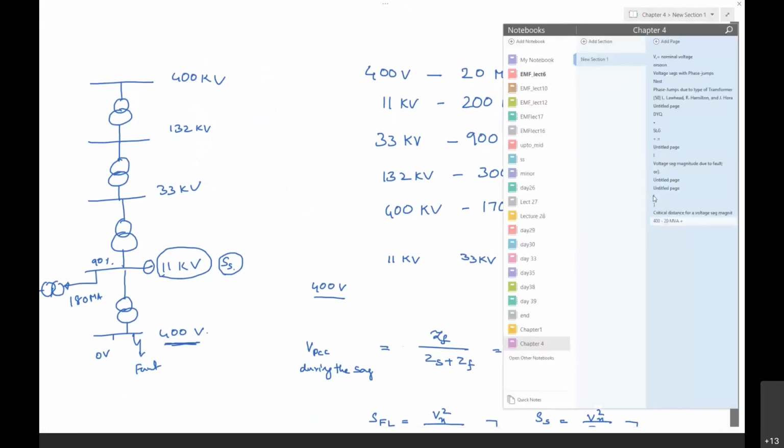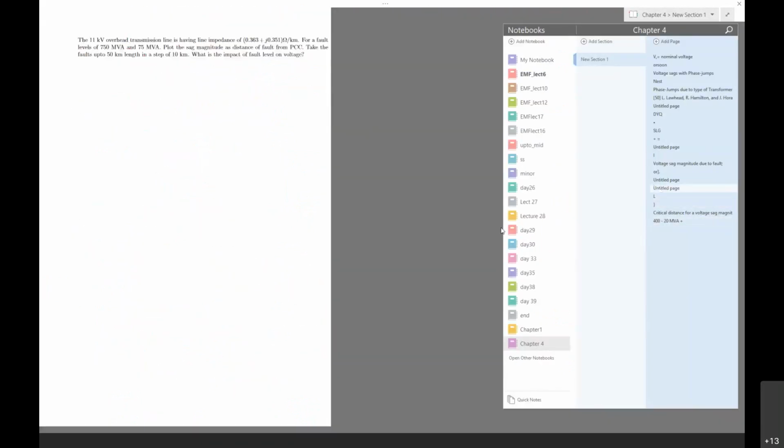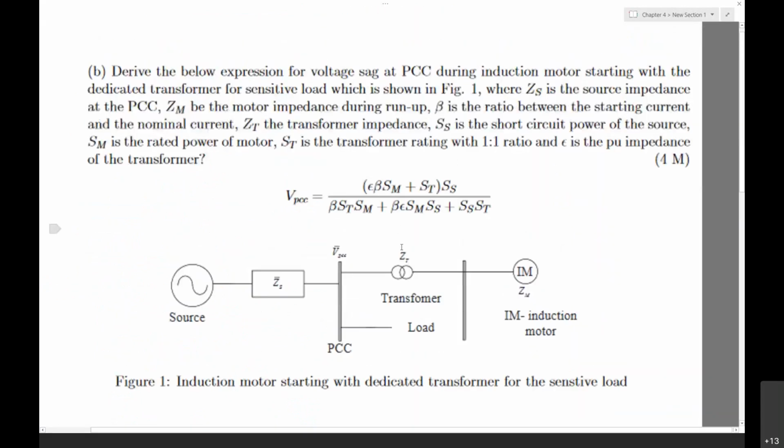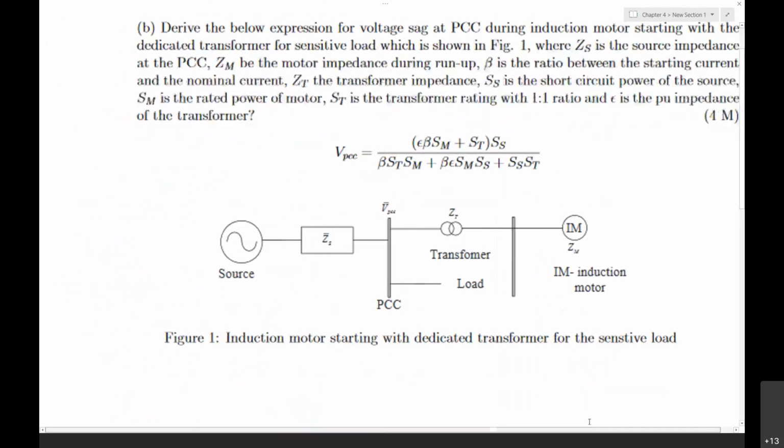We try to see one more case. This is a problem where an induction motor is connected, and we have a transformer of impedance ZT connected.